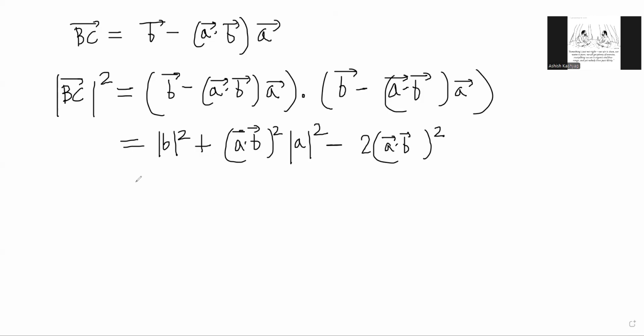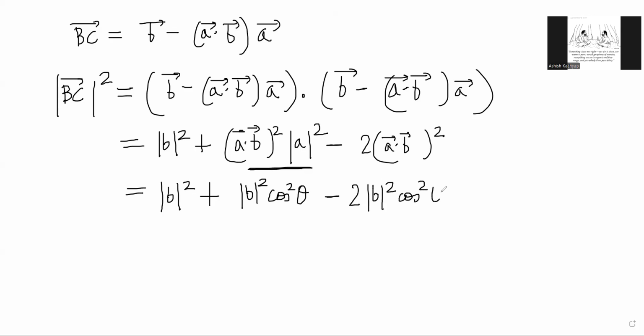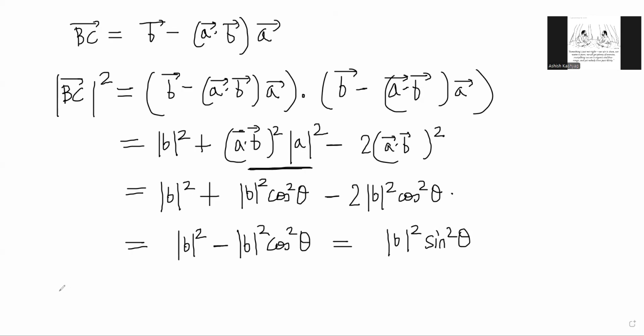This is after doing dot products. So this is becoming mod of B square plus, since mod of A is 1, mod of B square cos square theta, and this will become minus 2 mod of B square cos square theta again, right? So what I'm getting is mod of B square minus mod of B square cos square theta, which is mod of B square sine square theta. And from here I get mod of BC is equal to mod of B sine theta, right?